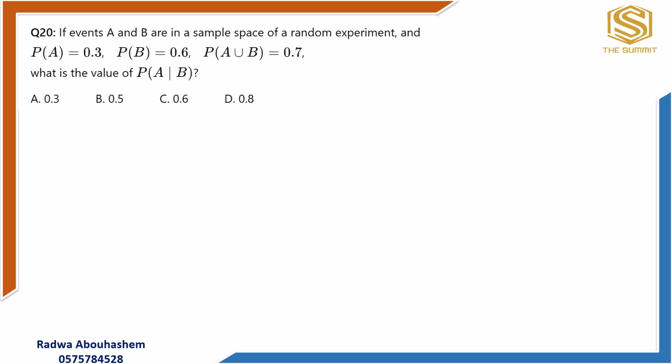If events A and B are in a sample space of a random experiment, and the probability of A equals 0.3, the probability of B is 0.6, and the probability of A union B equals 0.7, what is the value of the probability of A given B? At the beginning, we know the rule of the union: the probability of A union B equals the probability of A plus the probability of B minus the intersection.